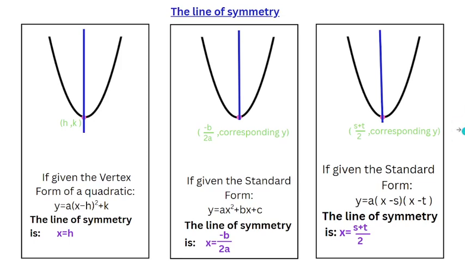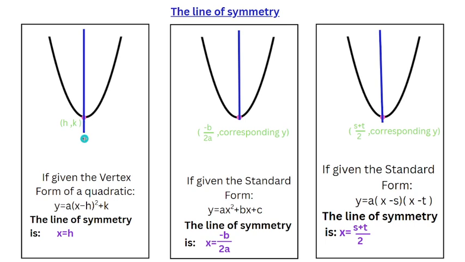Here is the line of symmetry. Every parabola has a line of symmetry. The line of symmetry makes the left hand side of the parabola exactly like the right hand side.